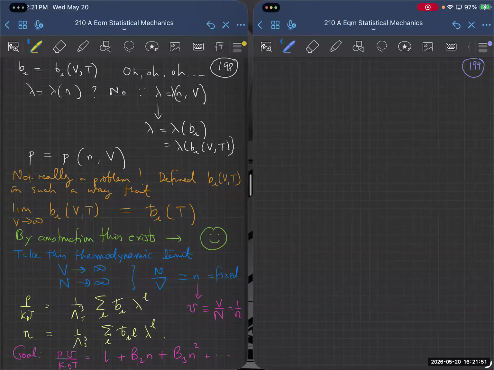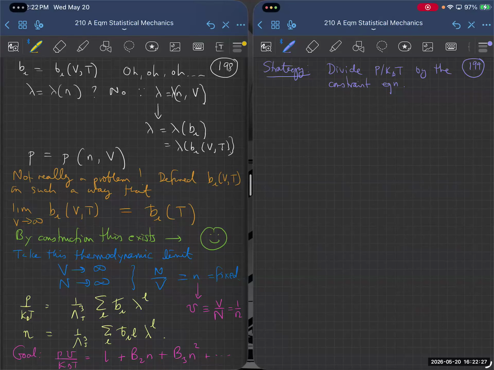So the strategy is that we're going to divide the P over k_B T equation by the constraint equation. And that will automatically give us, on the left-hand side, PV over kT. So let's look at how that actually works.